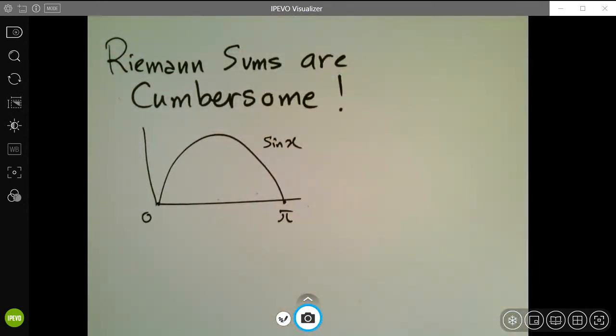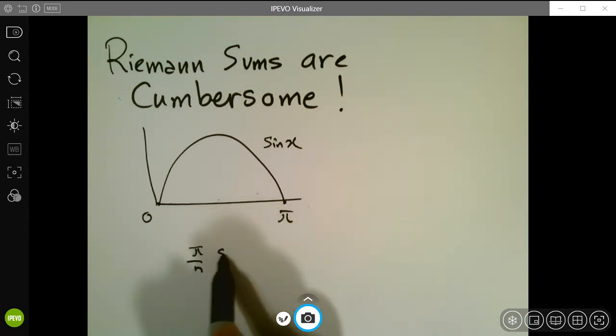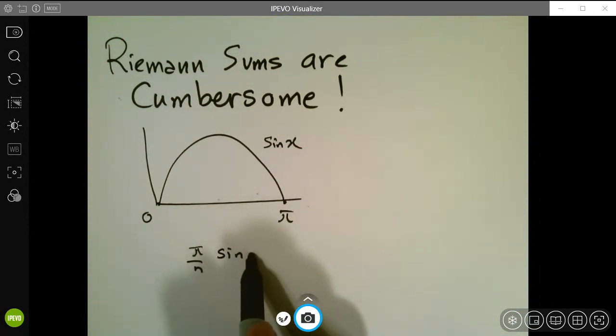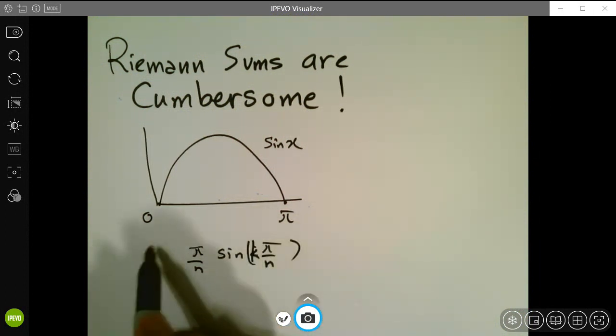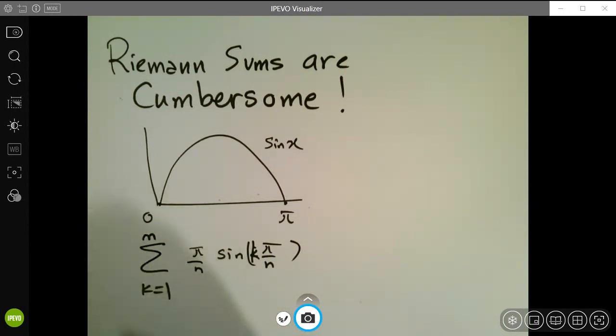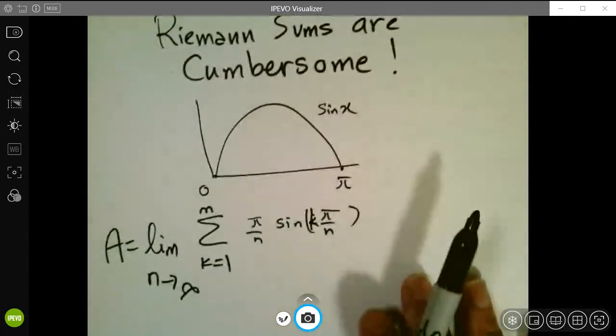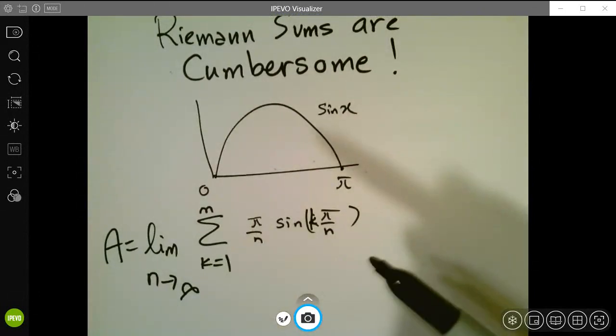You will get some crazy stuff, okay? You will get something definitely crazy. You have to deal with some series, pi over n sine of k pi over n, like this. Then limit as n goes to infinity. That's the area. It's okay. It's an approximation, but this one is extremely hard to compute.